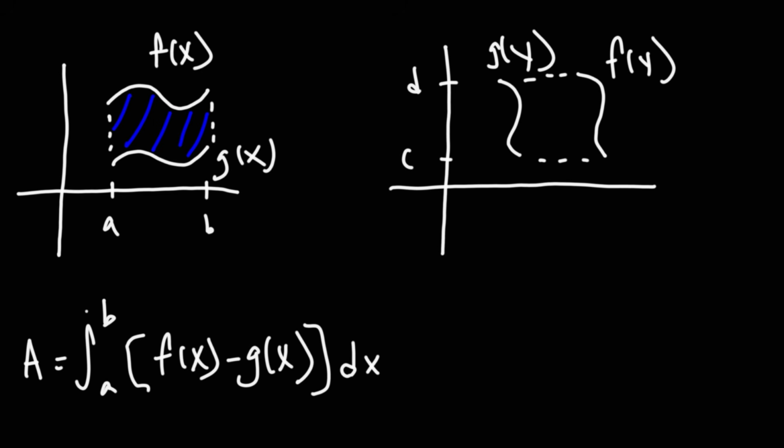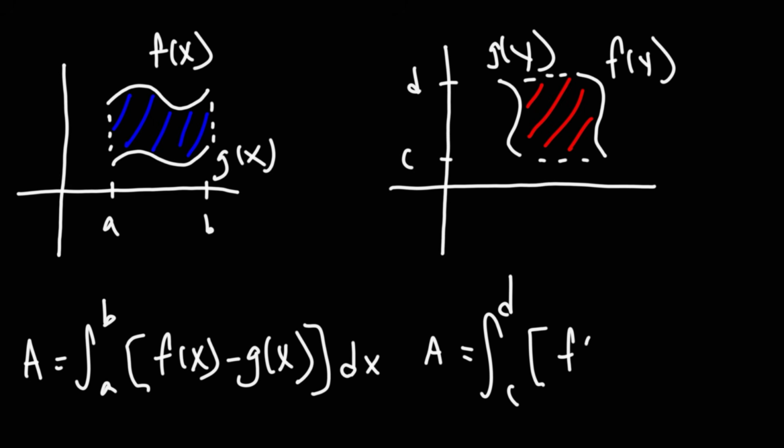So we want to determine the area of this shaded region. In this case, the area is going to be the definite integral from C to D of the function on the right, which is f of y, minus the function on the left, in this case g of y, dy. So that's how you can determine the area between curves.